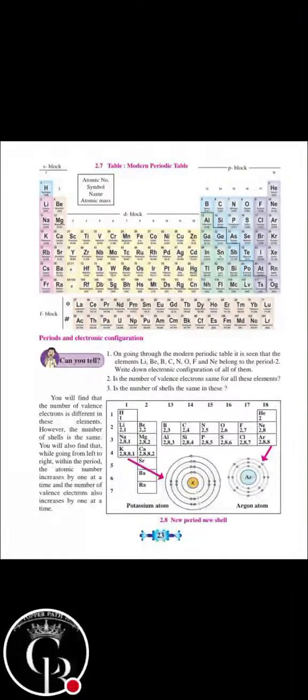Valency: the valency of an atom of an element is determined by the number of electrons present in the outermost shell of its atom. That is, the valence electrons.